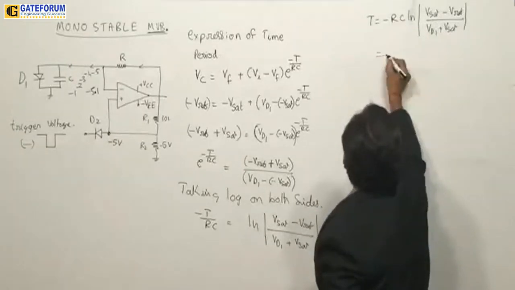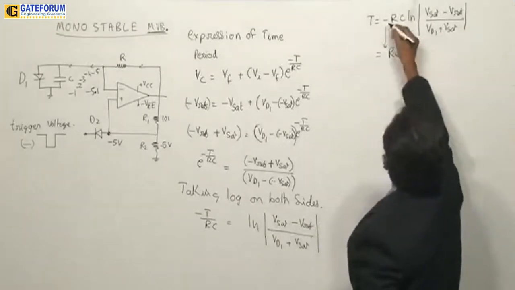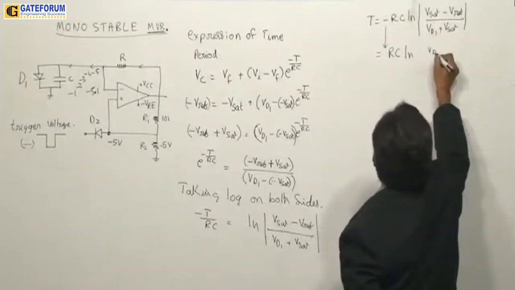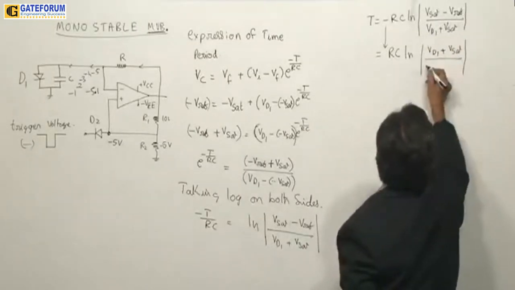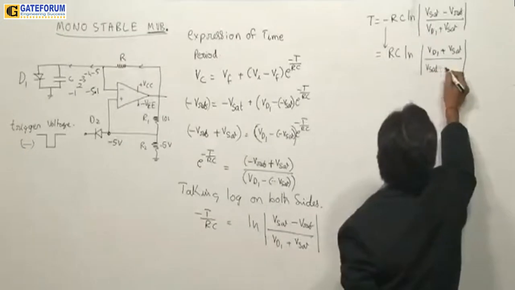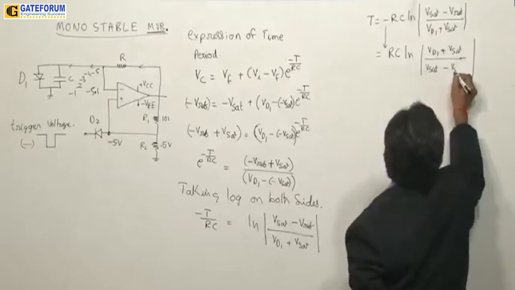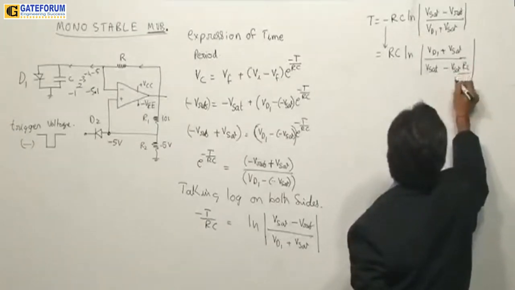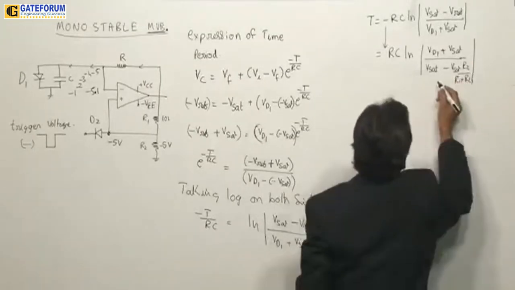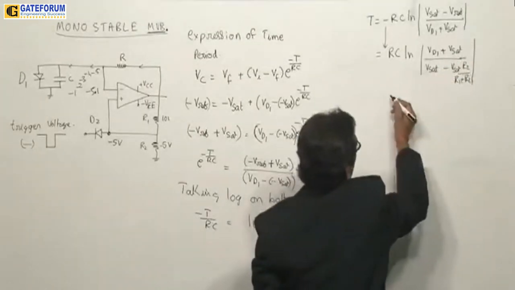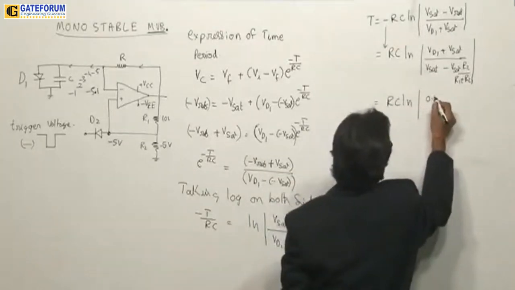Now this minus, if you shift it here, observe this point here, minus is referred. So take this minus here, then it becomes x inverse. I write it VD1 plus Vsat, whole divided by Vsat minus, what is negative reference? That also I will write. So negative reference is minus Vsat R2 divided by R1 plus R2. This is the negative V reference you have. So now I am going to get like this, RC into ln.